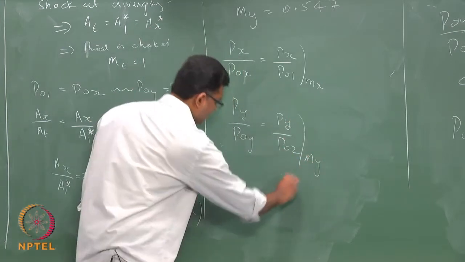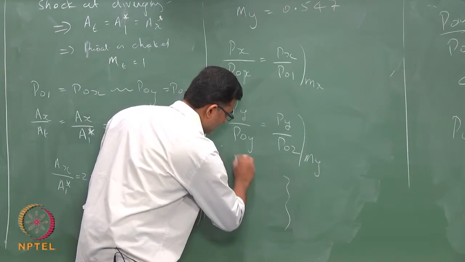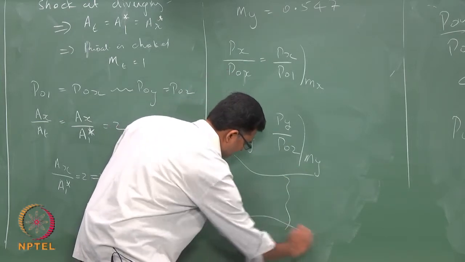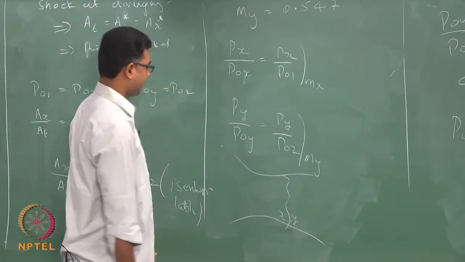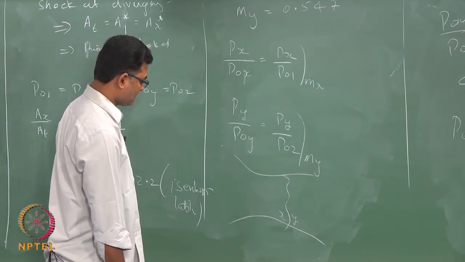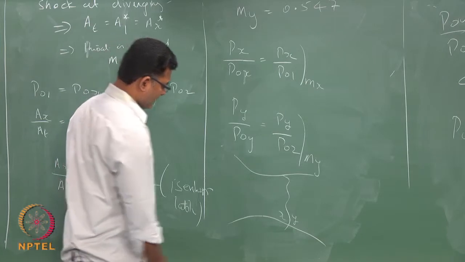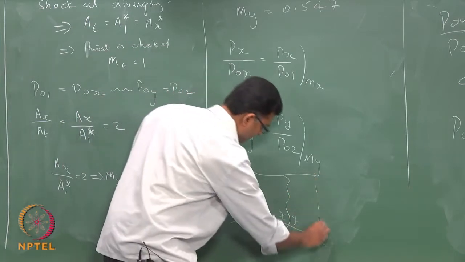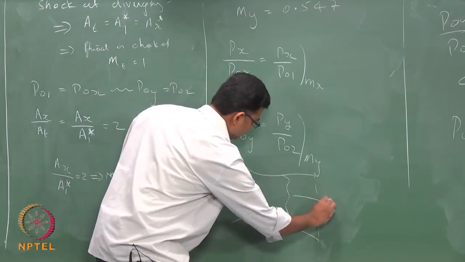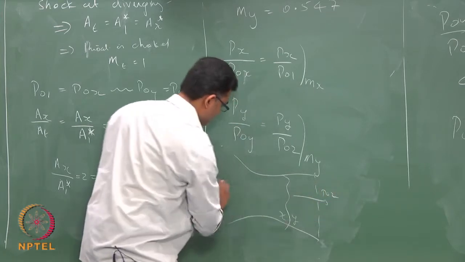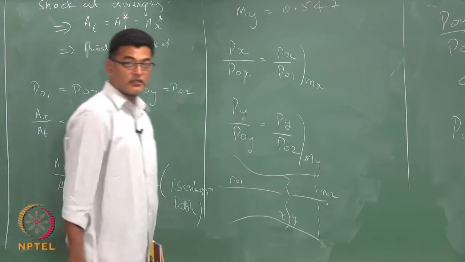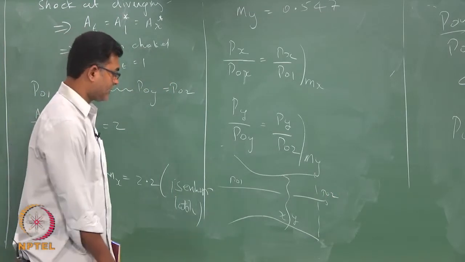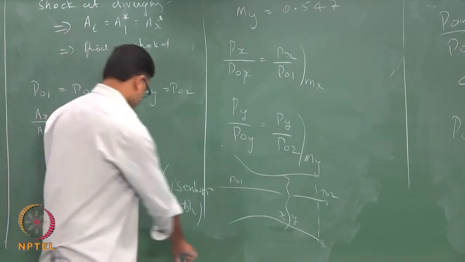So, what I have written here is, I have a shock and then this is x, this is y. This is my P02, this is my P01, which is constant up to the shock and constant after the shock. That is one information.